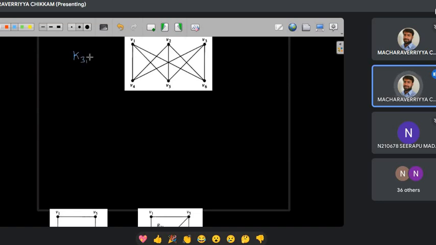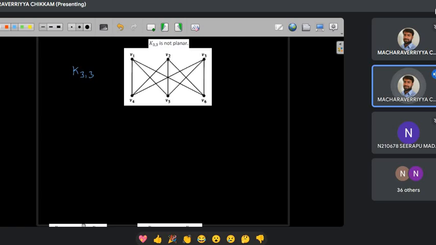So K33, is it a planar graph? It is not. Okay. So now how do you show that it is not a planar graph? We will take help of regions to show that this K33 graph is not a planar graph.